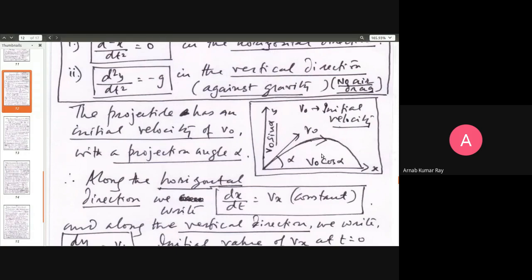But suppose you're shooting an ICBM, from your location over here, and your enemy target is somewhere on the other side of the earth. Your ICBM has to go out of the Earth's atmosphere. So even as you're going out of the Earth's atmosphere, air density is changing.